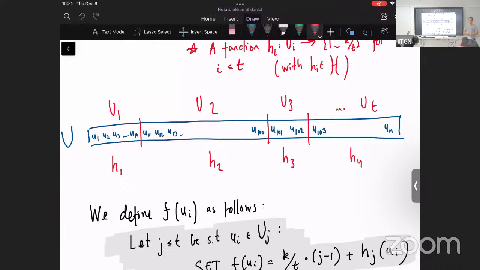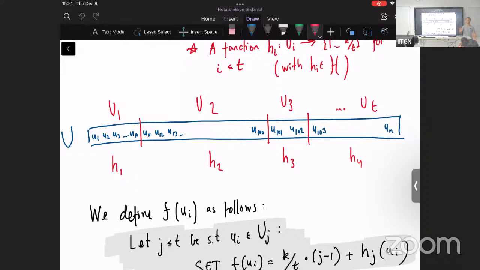And now with the assumption that I picked a contiguous k partition that evenly splits the set I'm trying to multicolor, I know that in every part I only have k over t elements from my set, which means that I can apply my k over t coloring family H to color that part.